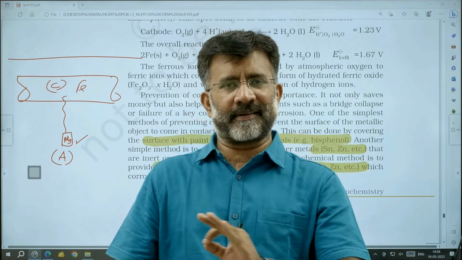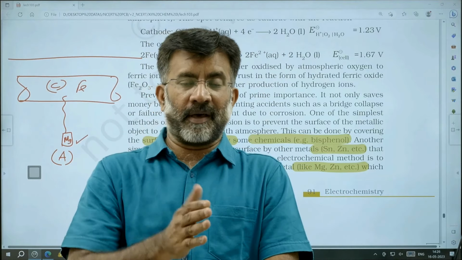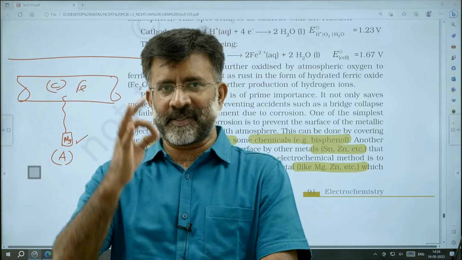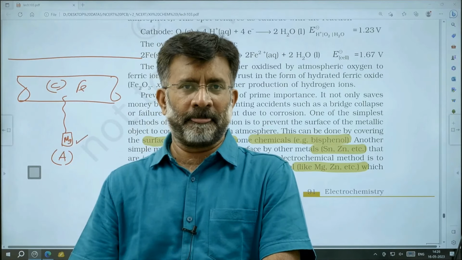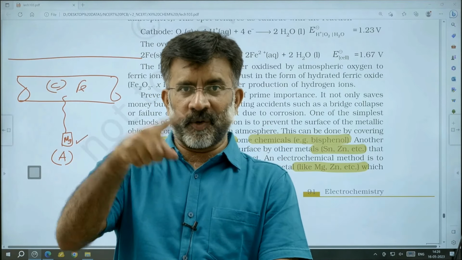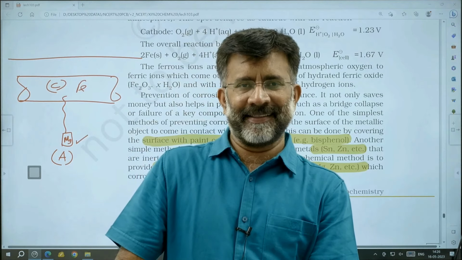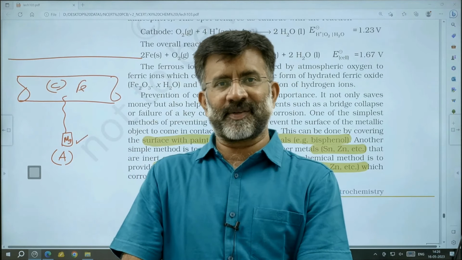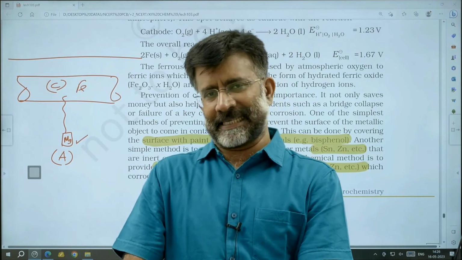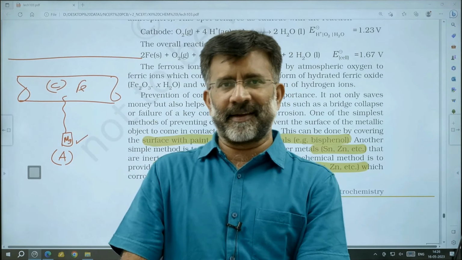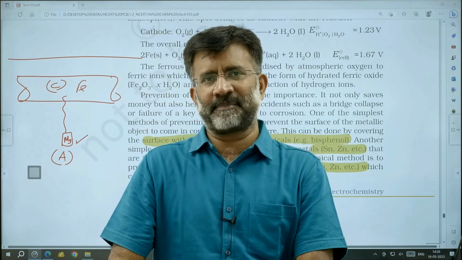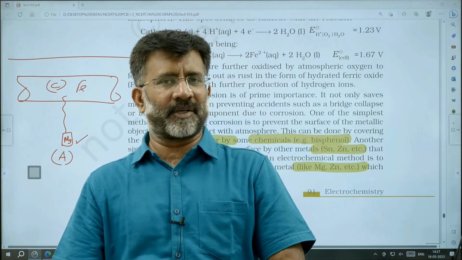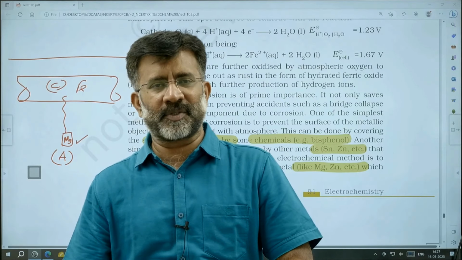Then variation of molar conductance versus concentration, strong and weak electrolytes, Debye-Huckel formula, Kohlrausch's law and its applications. Then electrolysis, Faraday's laws of electrolysis, first law, second law and applications, products of electrolysis, and finally commercial cells and batteries. With that, we conclude the chapter, electrochemistry, a very important chapter from the 12th standard.